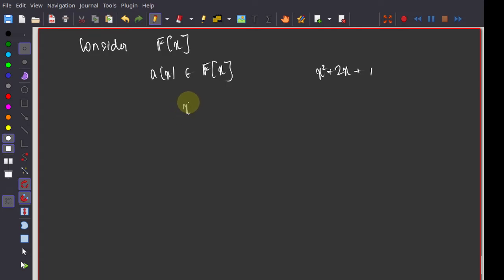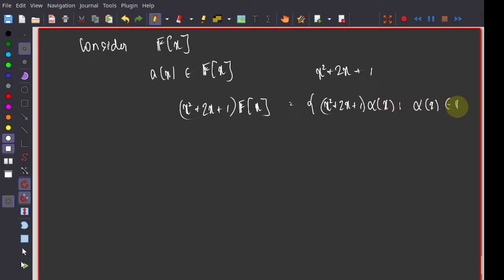So x square plus 2x plus 1 times f of x. Or in other words, the set of all polynomials which this particular polynomial divides.